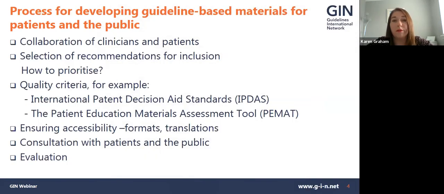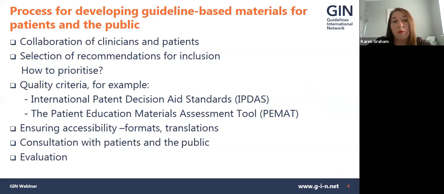So process for developing guideline-based materials for patients in the public then, as we've highlighted in the toolkit, to do this, you need to have a collaboration of clinicians and patients from your clinical guideline group. And of course, there can be other patients involved in that process as well, but we can talk about that further on.